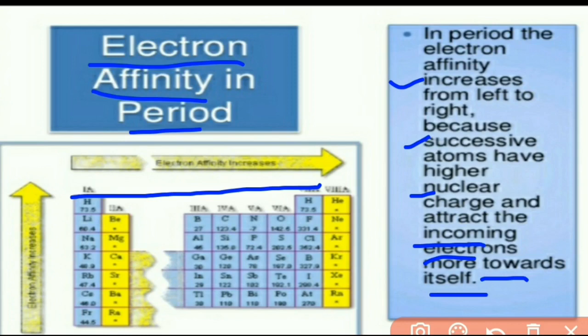So when we move from left to right in a period, electron affinity increases due to increasing effective nuclear charge.